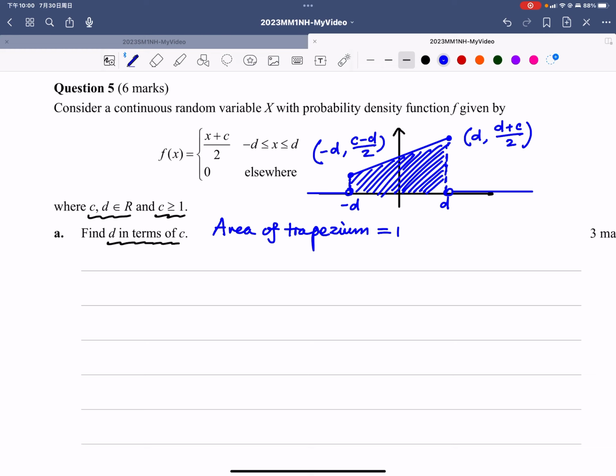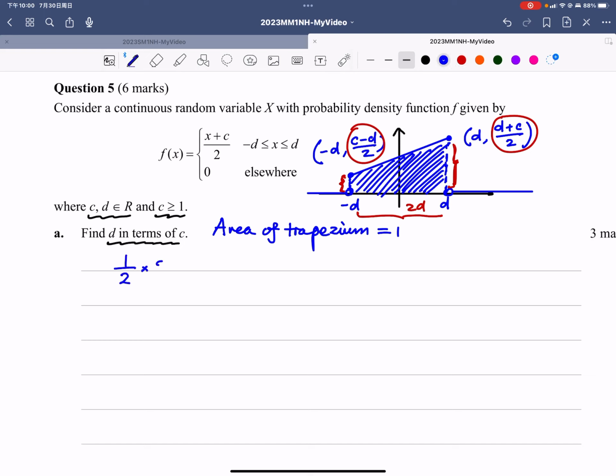Okay, so the area of the trapezium is, well, this is the height, and these are the lower and the upper sides, okay? So 2d is the height. I'll add up these two sides, times the height, and divide by 2, equal to 1.